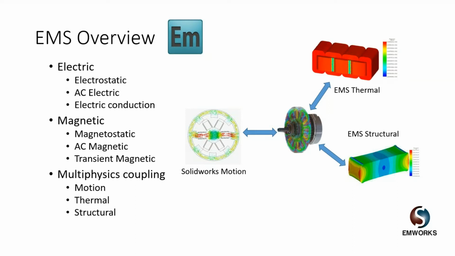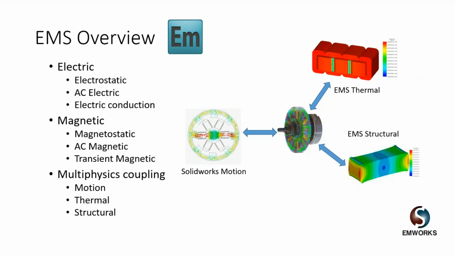If we stick to this solenoid example, then the current losses in the solenoid coil are definitely going to raise the temperature of the solenoid, and this temperature can be computed by using coupling to EMS thermal.